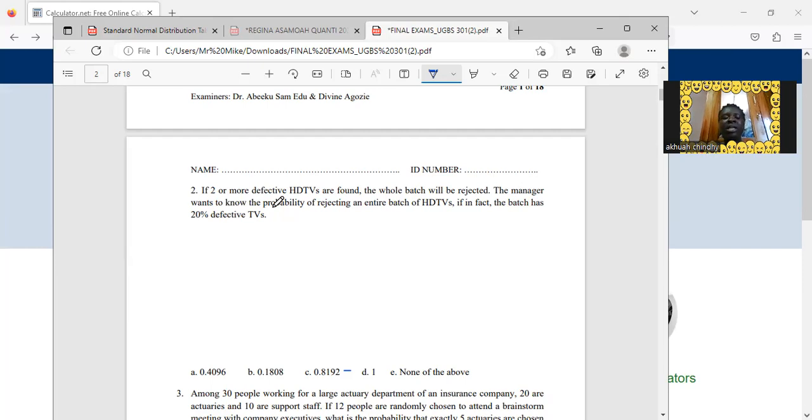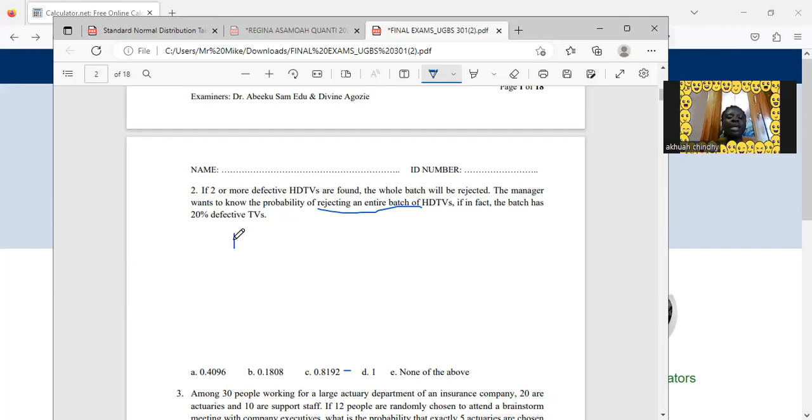Here, if we find two or more, then we are going to reject the entire batch, right? So find the probability that we'll be rejecting an entire batch. That's what they want to know. Probability of rejecting an entire batch is when the batch has two or more defective TVs.